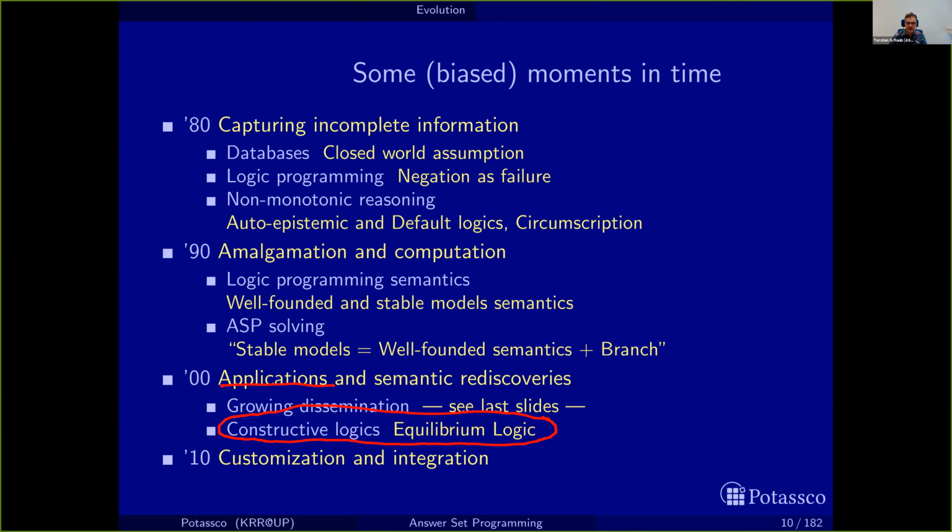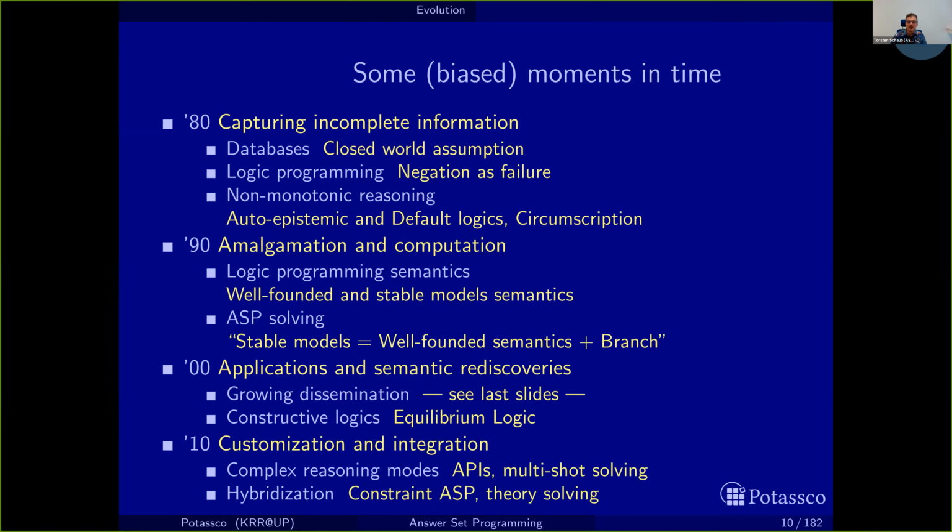And I think the last decade was about customization and integration, something that happens in all paradigms, starting from first order theorem proving, CP, SAT, where more or less you grow up, you become an adult, you want to be integrated in real life. So you need APIs, application programming interfaces.